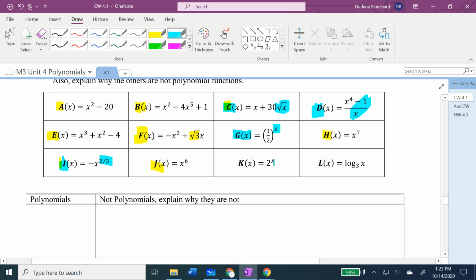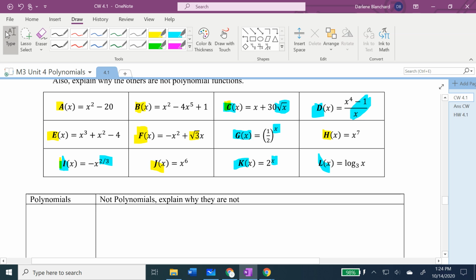No. It has the variable in the spot of the exponent. That makes it an exponential function, not a polynomial. Polynomial never has the variable in the exponent. And lastly, I guess someone just had to throw a log onto the L. Yeah, no, that's not polynomial.